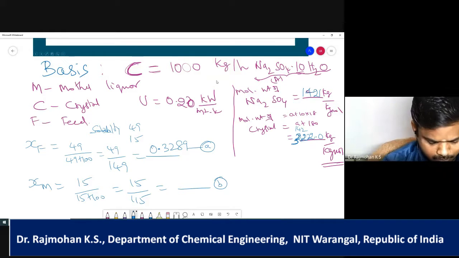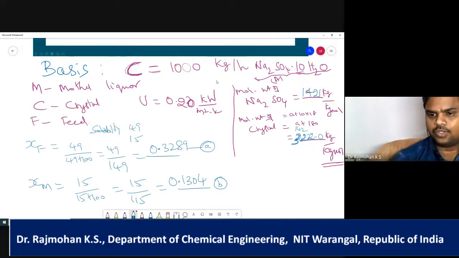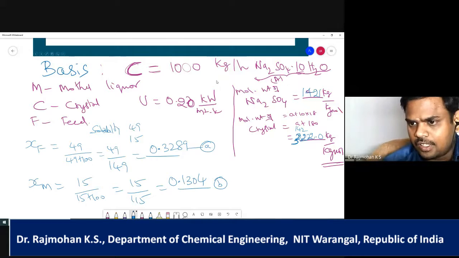Similarly, 15 divided by 115 is equal to 0.1304. There won't be any change in these values I have calculated, but please check the molecular weight of Na2SO4 crystal. Are you getting it correctly or not?